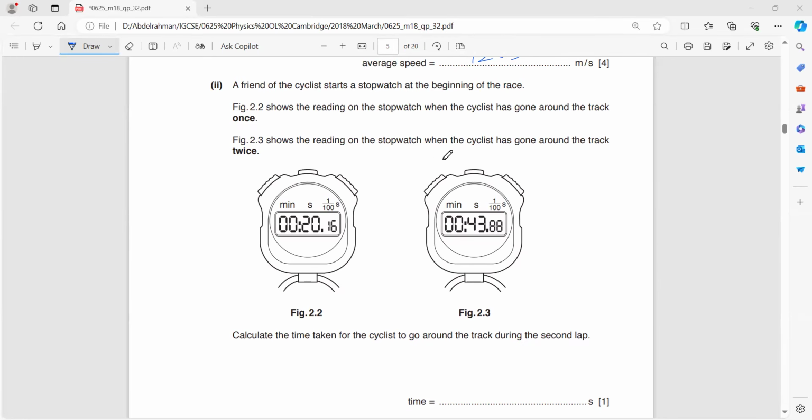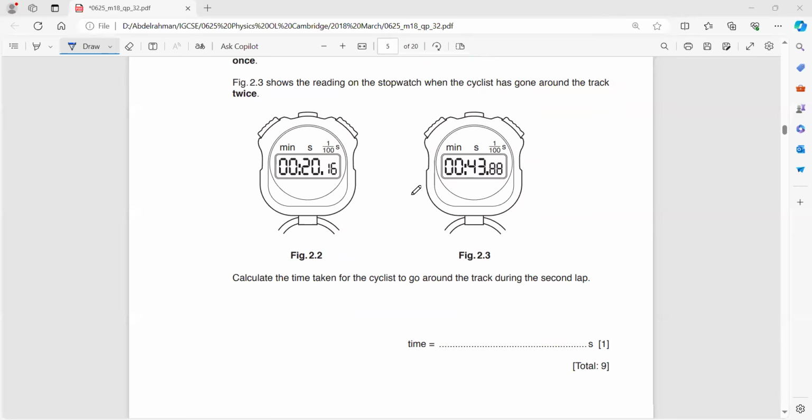Figure 2.3 shows the reading after twice. Calculate the time for the second lap. The second lap would definitely be 43.88 minus 20.16. This would give a time of 23.72 seconds. Good.